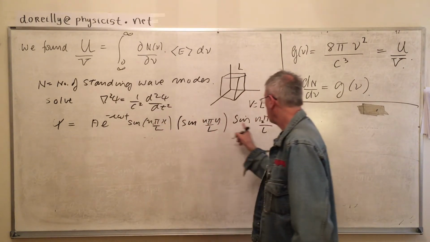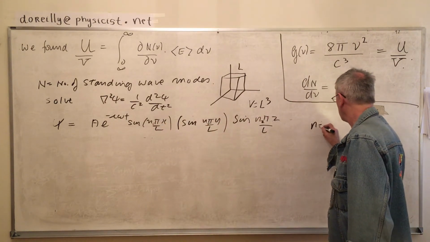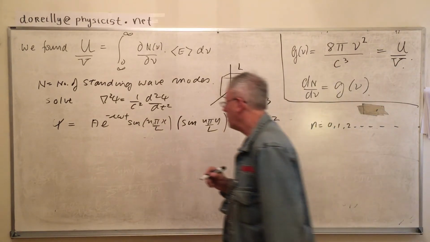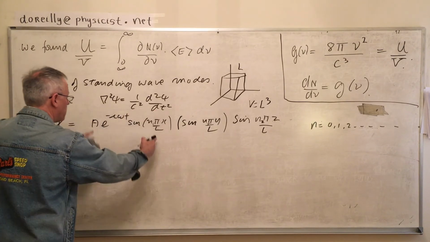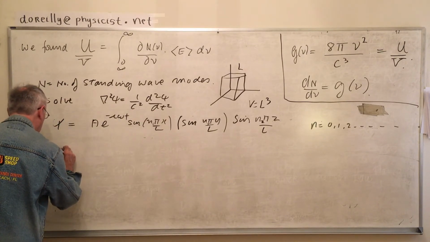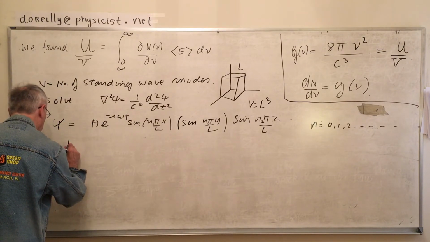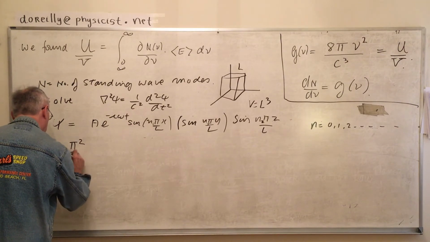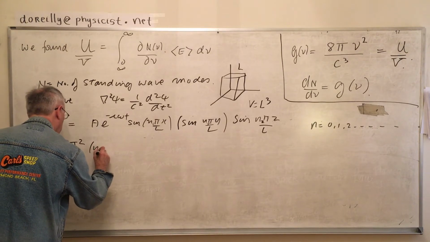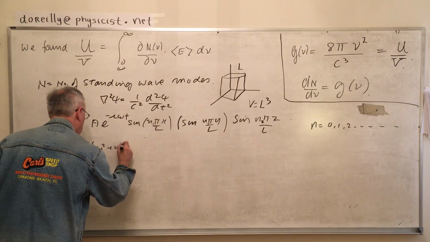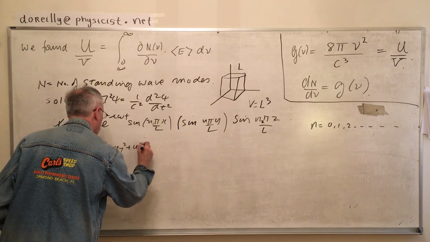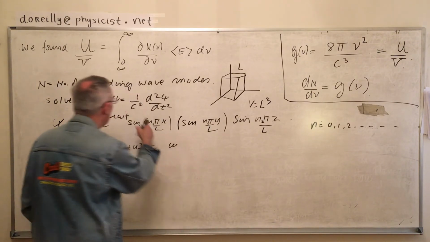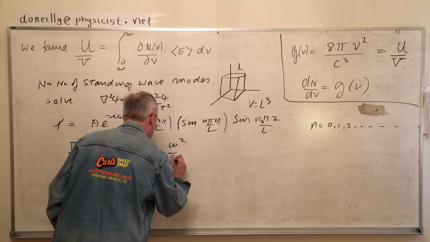And these n's are discrete integers. So therefore, when we operate on this with the wave equation, I get n squared, let's see, pi over L, omega squared over c squared.